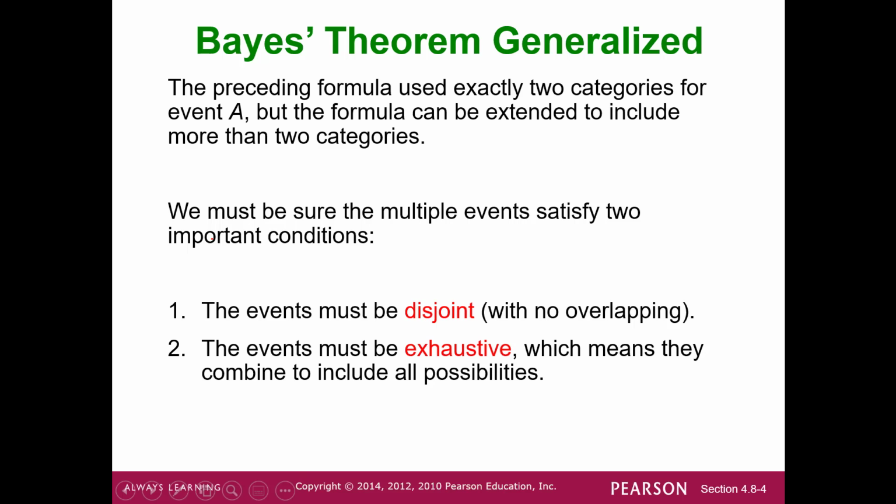So Bayes theorem generalized: the preceding formula used exactly two categories for event A, but the formula could be extended to include more than two categories, right? Could be 3 or 4 categories, and then we must always make sure those multiple events satisfy two important conditions. First, these events must be disjoint, meaning there's no overlapping.